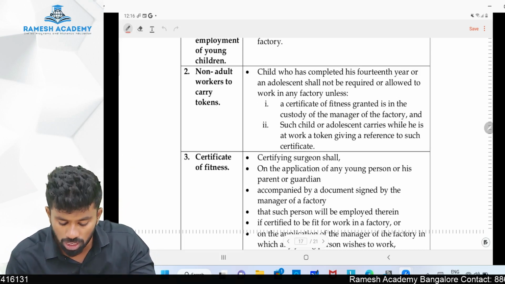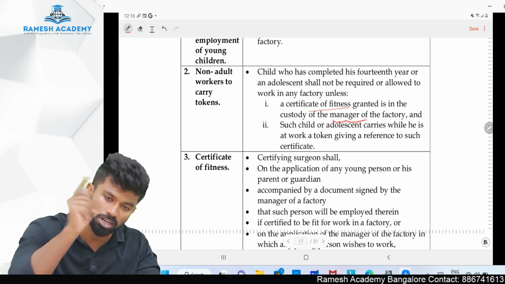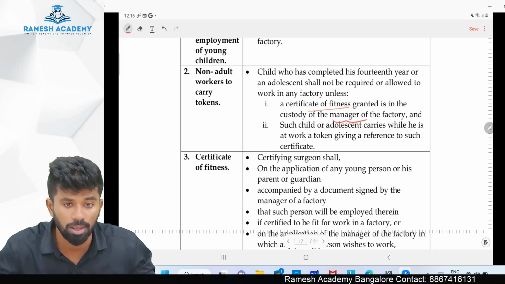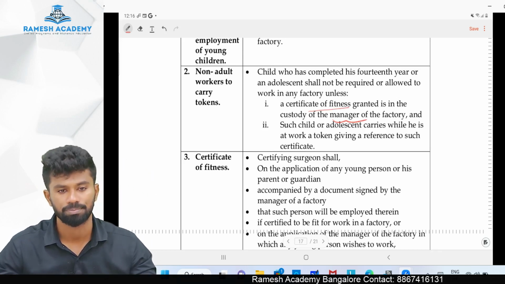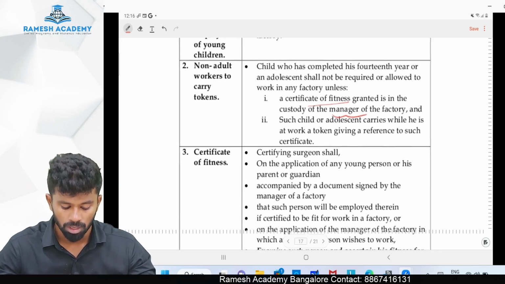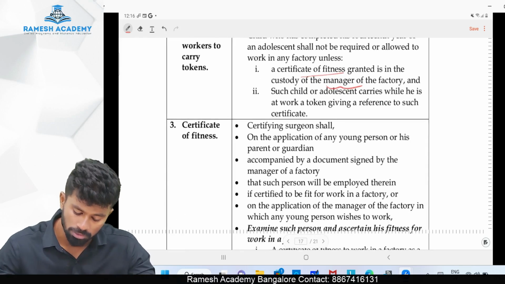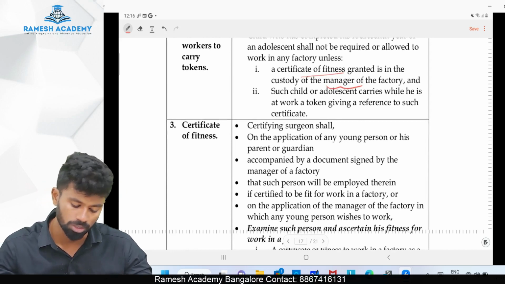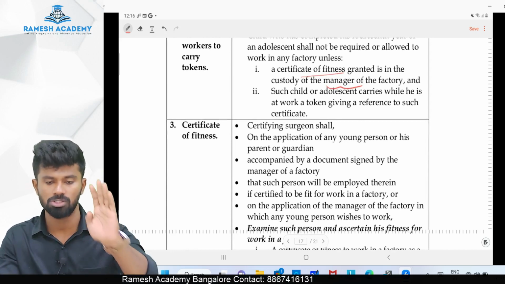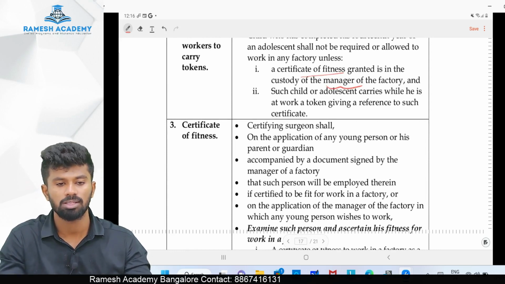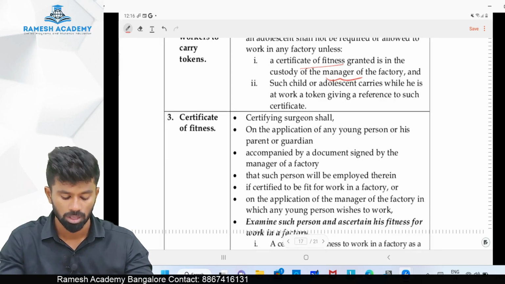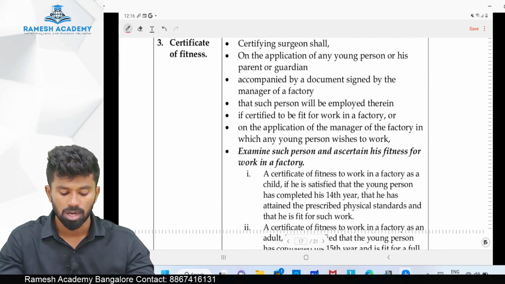Means he shall take a certificate of fitness from the certifying surgeon and the same shall be submitted to whom? Manager. Such child or adolescent carries while he is at work a token giving a reference to such certificate, that he is a certified person.